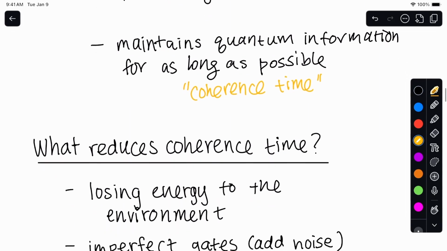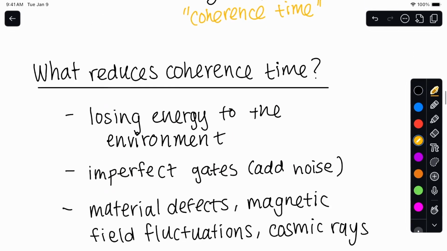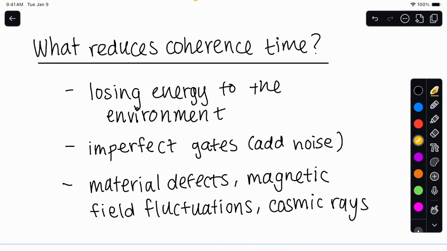So what kinds of things contribute to reducing the coherence time? One thing is losing energy to the environment. So you have your qubit and it's coupled to the environment in some way, and that's a loss channel. Energy can be lost from the qubit to the environment. You can also have imperfect gates that add noise.